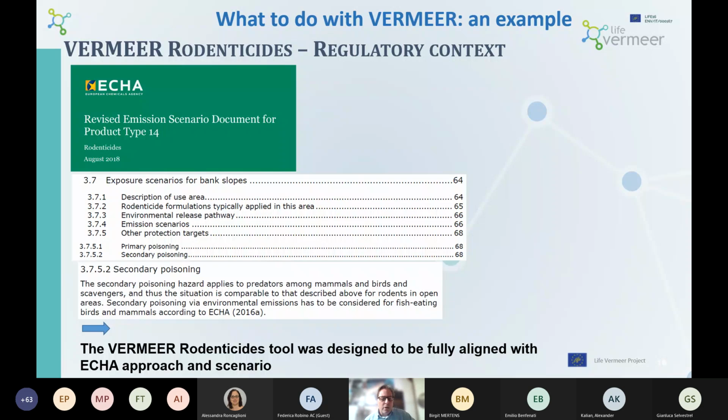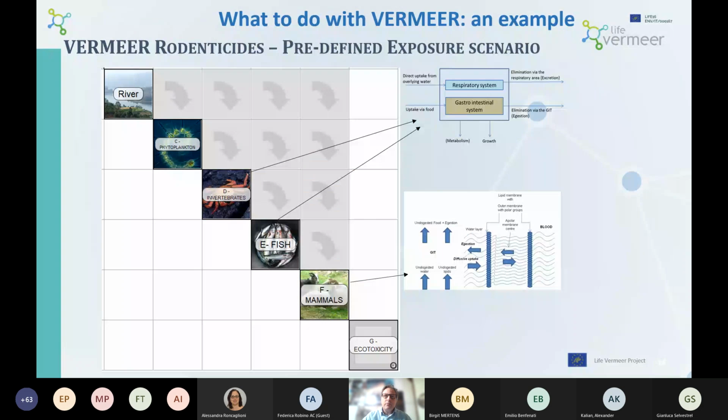So we have prepared this predefined exposure scenario, including different models from the Merlin Expo library, so the river, phytoplankton, invertebrates, fish, and mammals models. From that, we have also predefined a generic food web, selecting different typical organisms like phytoplankton, pelagic invertebrates and benthic invertebrates, and 4 typical fish species.